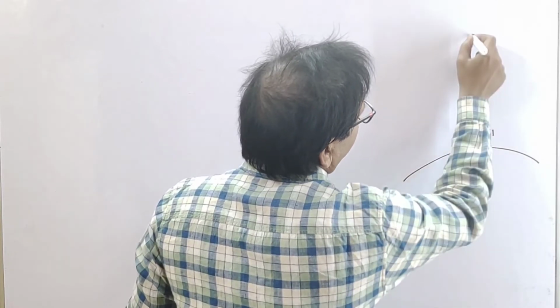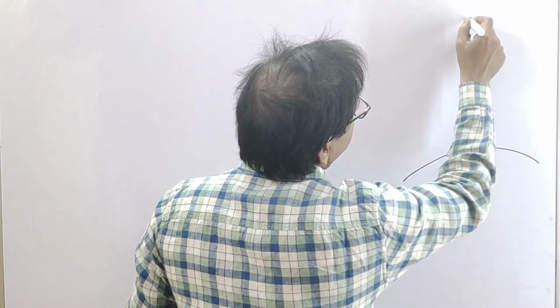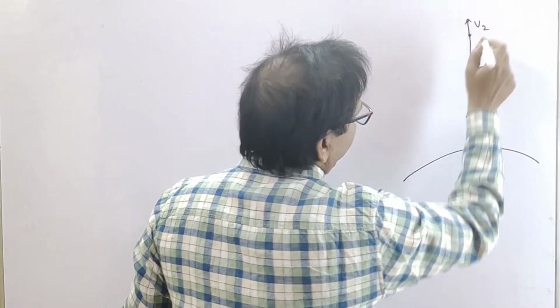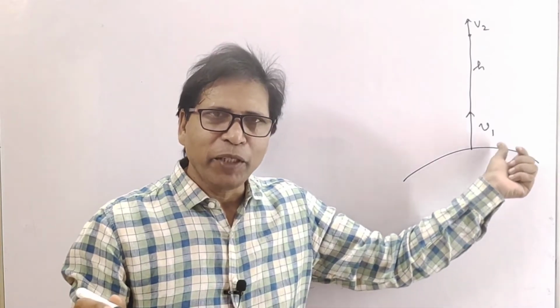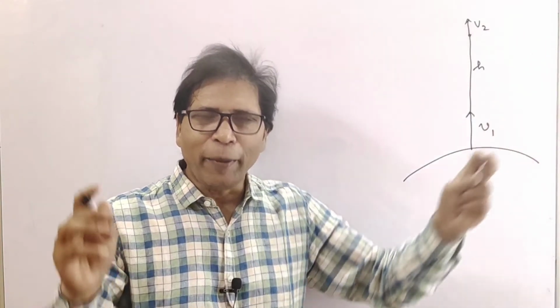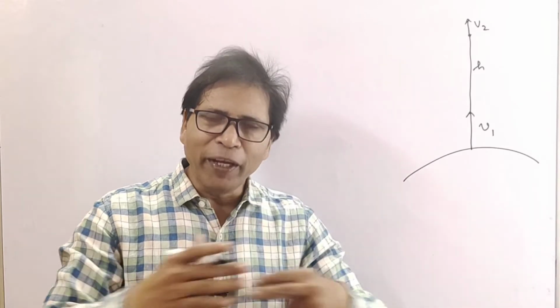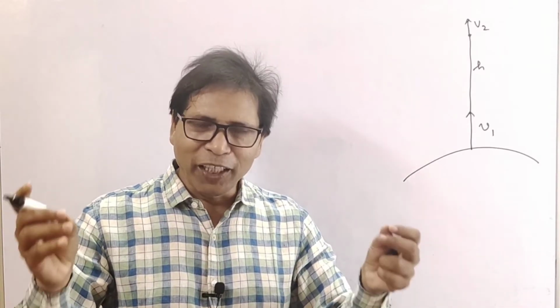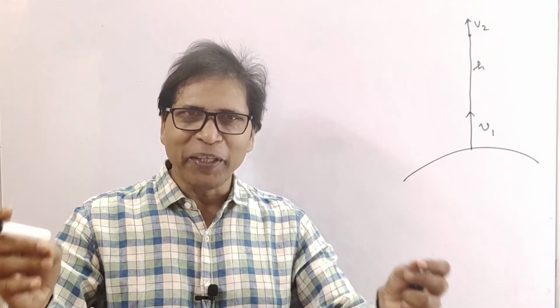When it reaches the height h, its velocity becomes v2. Now we have to express the relation between height h, v1 and v2. Capital R is the radius of the earth. This relation will immensely help you to solve the numericals relating to velocity of a body in the gravitational field.